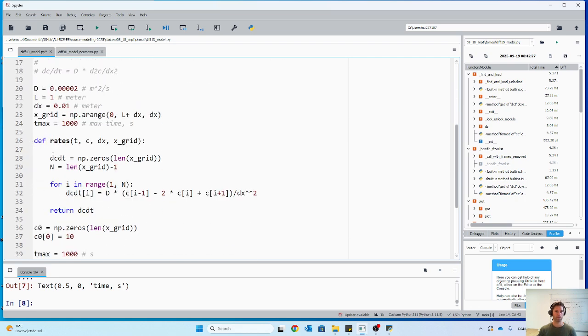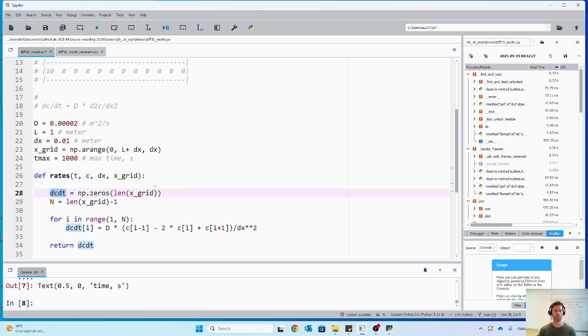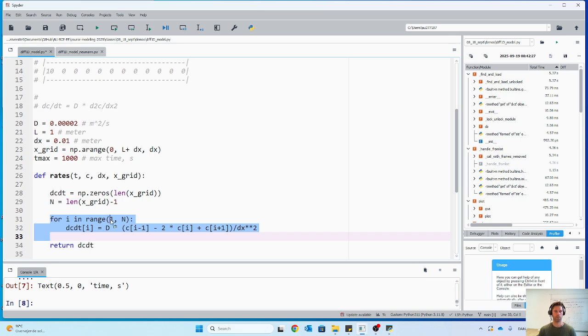How did we enforce that? Well, down in the rates function, we set the dc dt, the derivatives, at all the ODEs, so that is at all the nodes, including the boundary positions, we set it to 0 to start with. And then down in the loop here, we only loop over the interior points, starting from 1 and ending at n exclusive.